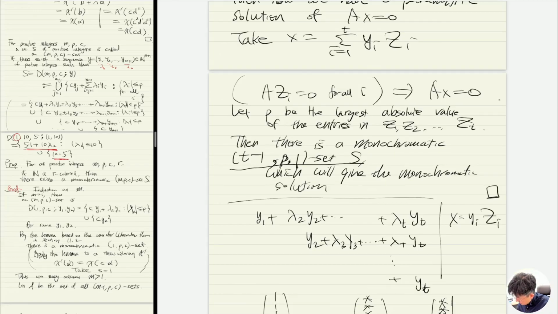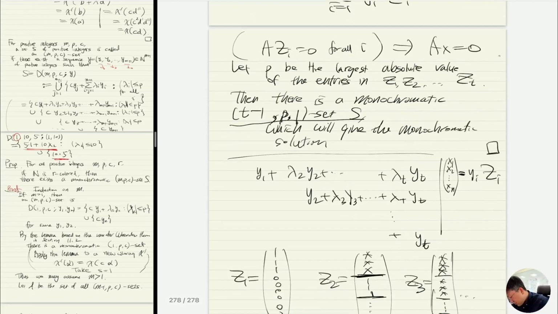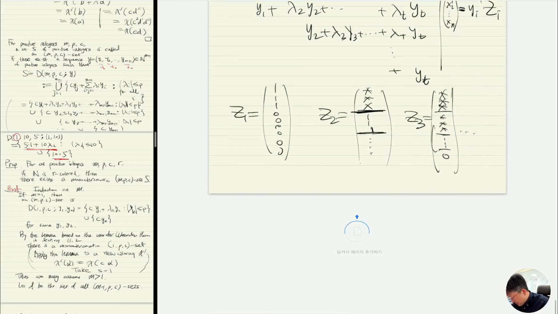Then what is x? This is equal to x1, x2, up to xn. Now let's look at the xi, right?